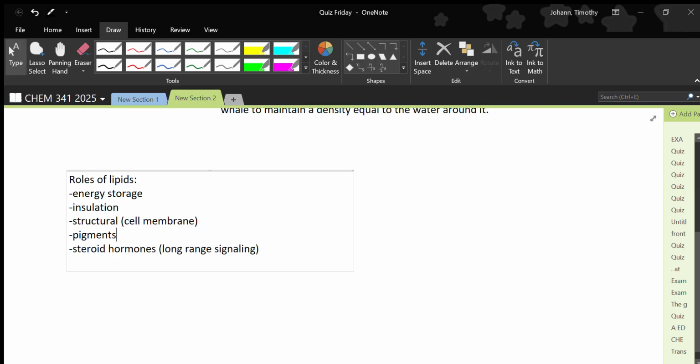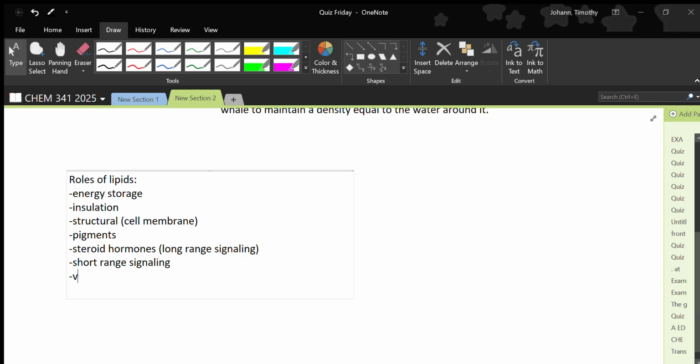I'll show you lycopene in a minute, which is a lipid, and that gives red tomatoes their color. They can also be used for signaling. Let's say short-range signaling, and we'll have a different molecule for that. It's not going to be sterols.